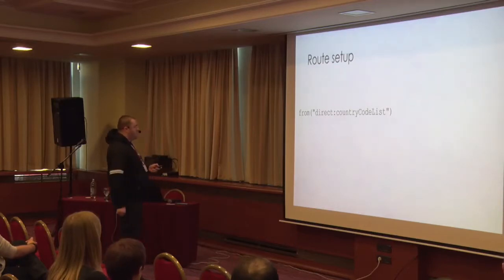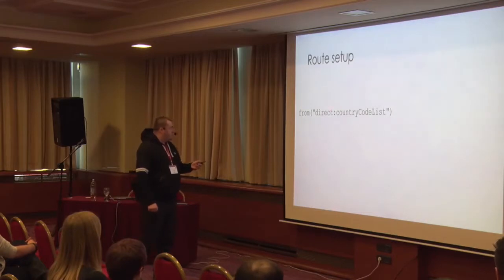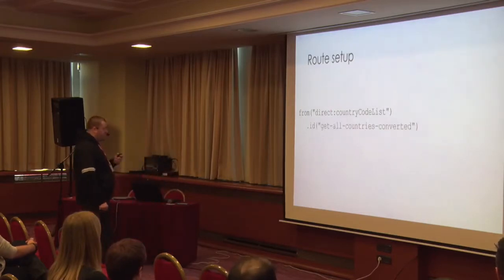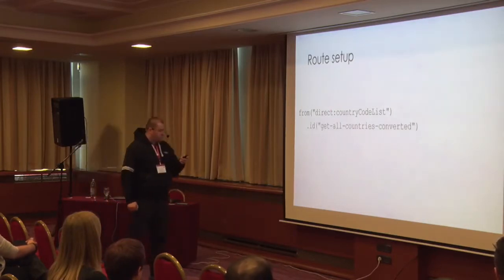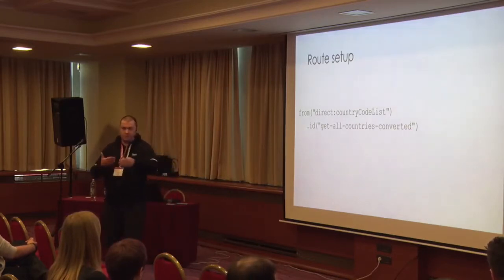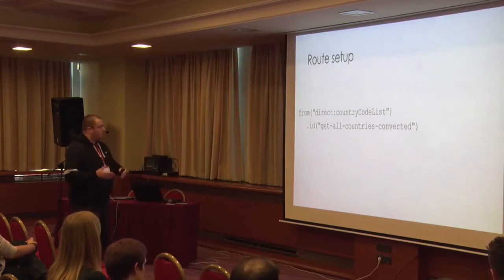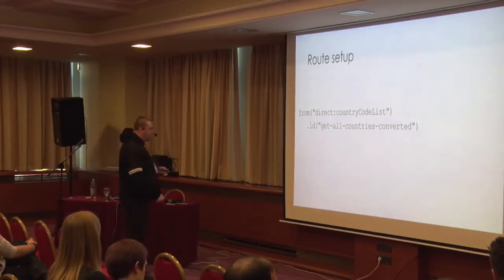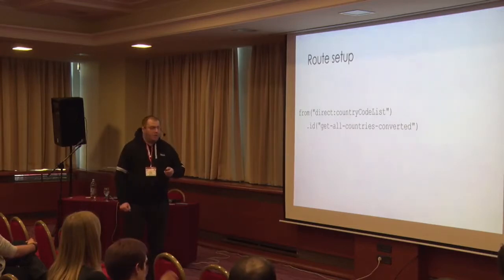I will explain later what exactly components are, and especially what direct means. What's most common is that you write the ID for that route. When you have several routes inside your application, it's always good to name them. Otherwise, this name will be used to identify those routes.